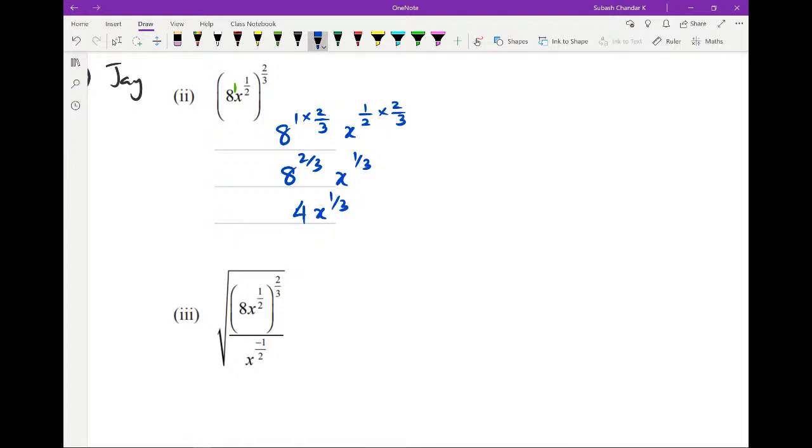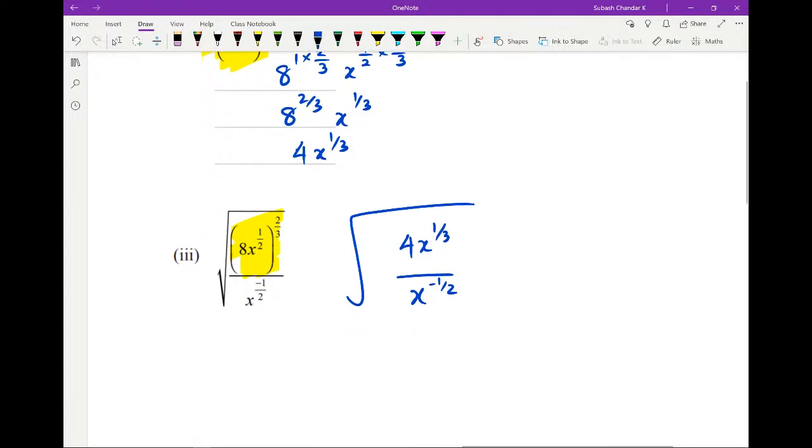Now this question is kind of nice because if you look at it, whatever you've written here is this part right here. So what we're then going to do is put a square root. Because the yellow part is from the previous question, we can rewrite this as 4x to the power of 1/3 divided by x to the power of negative half.